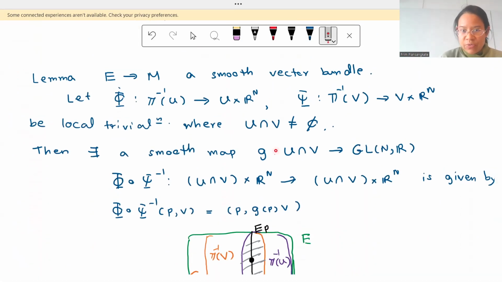So that G I wrote there is actually the transition function of the two local trivializations associated with the frame fields. Right?